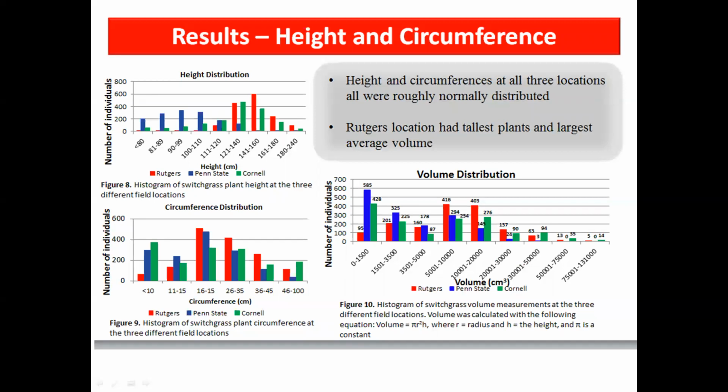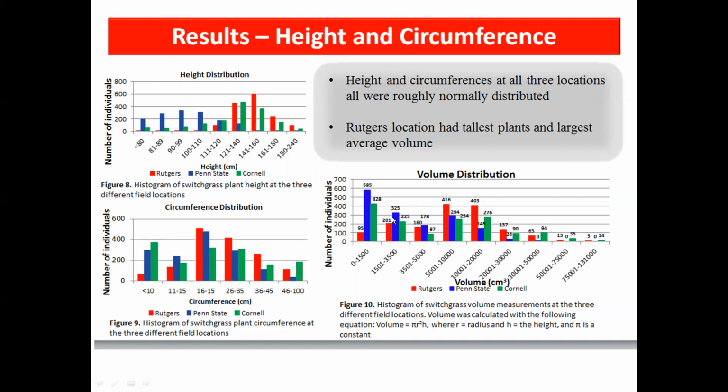The Cornell and Rutgers distributions were similar for height measurements and were much taller on average than the Penn State location. The frequency of circumference measurements was similar when compared across all 3 locations and ranged from less than 10 centimeters to more than 100 centimeters.